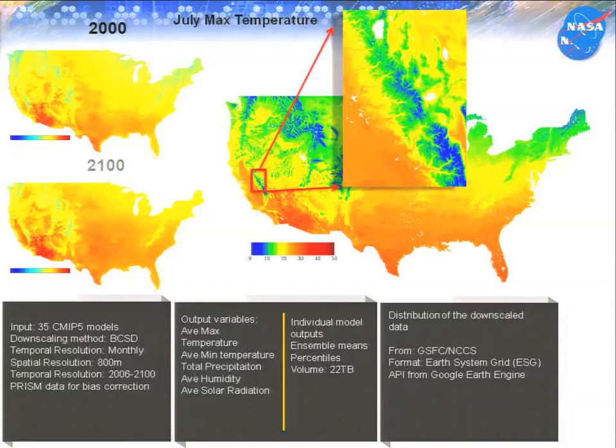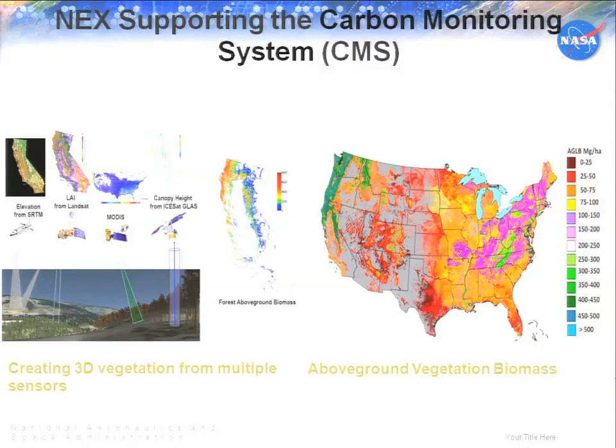They don't want to bring it down to their local analysis environment because this data set itself is 40 terabytes, and they don't want to move the data. They are doing the analysis on our platform. We are also supporting the climate monitoring system, carbon monitoring system, using multiple sensors, multiple satellite data platforms.